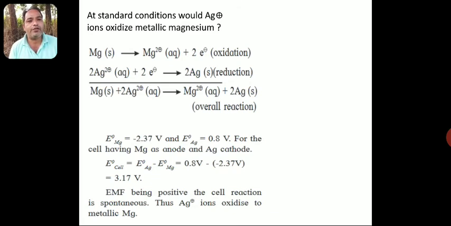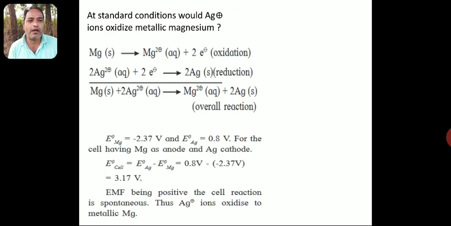Substituting the values, 0.8 volt minus (minus 2.37 volt), the calculation gives 3.17. But the main thing is that it is plus 3.17 volt. So the EMF being positive, the cell reaction is spontaneous. Keep in mind, whenever the E0 of cell is positive, the reaction is spontaneous.